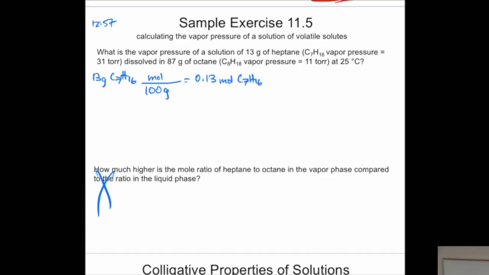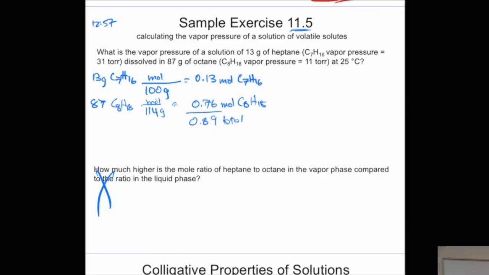And then we're given 87 grams of octane, C8H18. That had, what did we say, 114 grams per mole. So how many moles is that? 0.76 moles of C8H18. We add these up, we get 0.89 total.